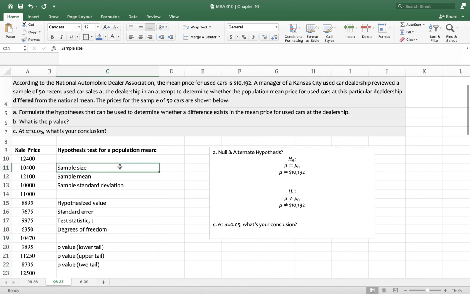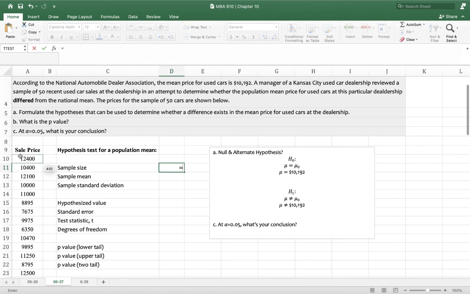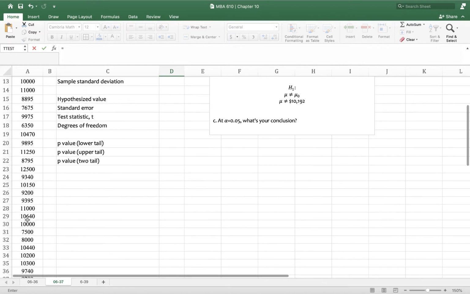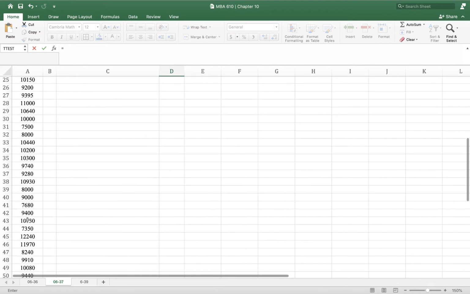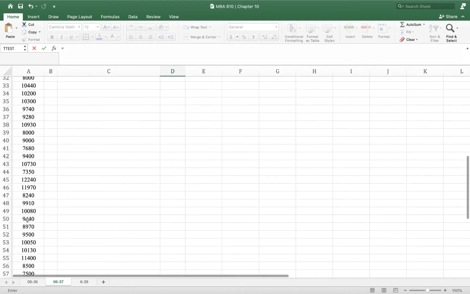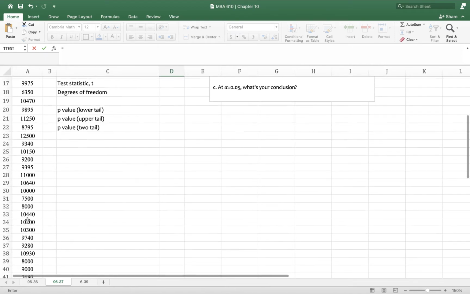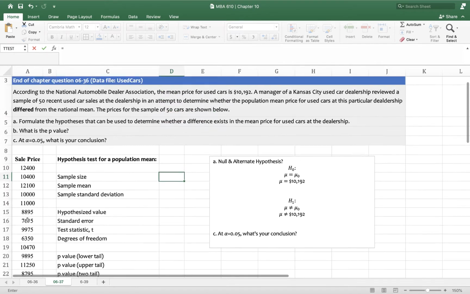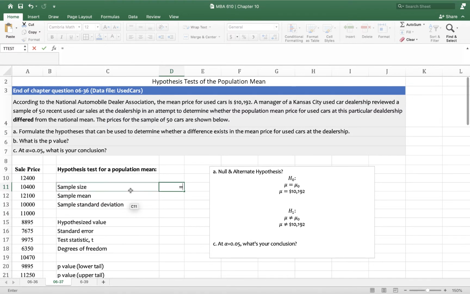So I'm going to start at the top with my sample size. We use the letter n to represent this sample size. And if I want to know what my sample size is, I'm going to count all the observations of data that I have. So each of these data points is the price of a single used car that this Kansas dealership sold. So how many did it sell? That's the sample size.